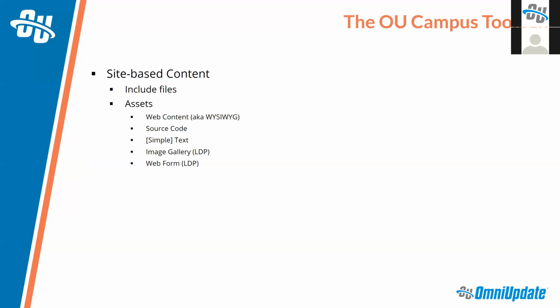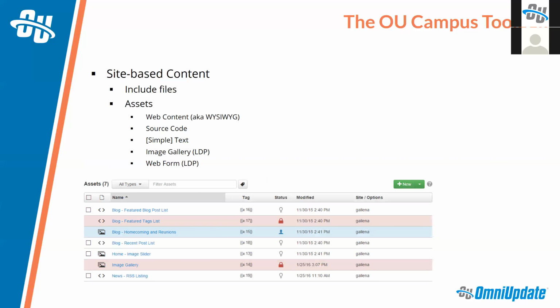But the idea is it's an easy interface for people to create some basic forms that they can distribute through their site for contact information, for getting some kind of basic information from their web visitors. And so just a review here of what that asset listing might look like.